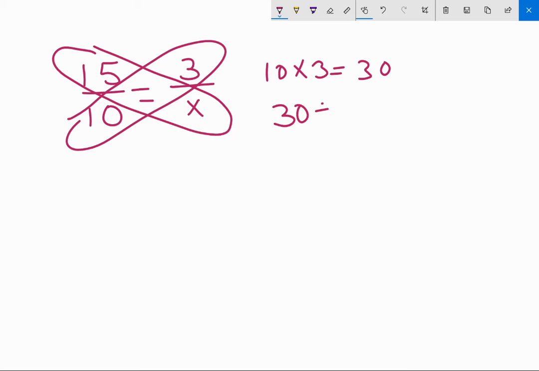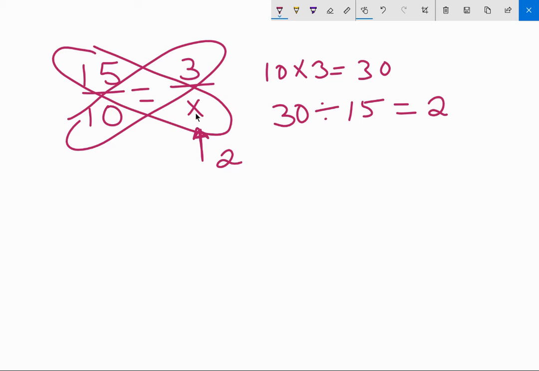So 30 divided by 15 would give me 2. So that means the missing number is 2. Okay, think about this again. That means 15 times 2 is 30, and also 10 times 3 is 30. So that missing number would have to be 2 because the cross products are equal.